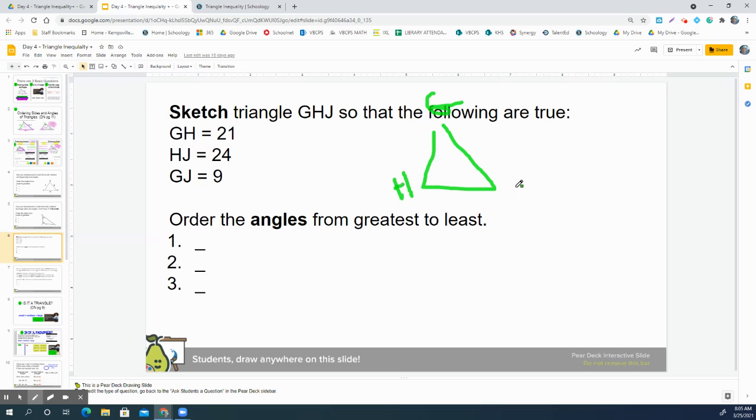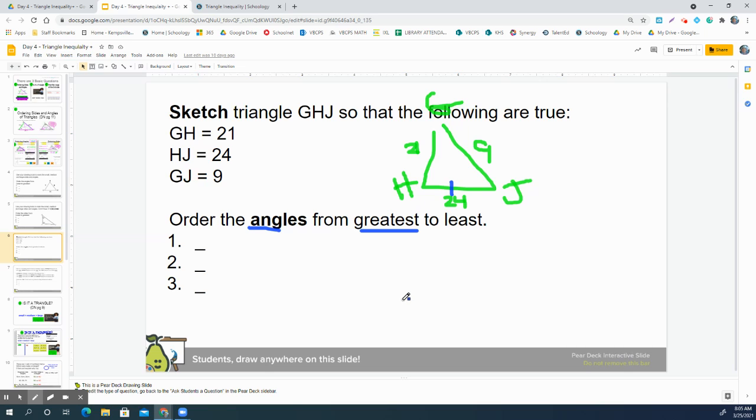G, H, and J. If GH is 21 and HJ is 24 and GJ is 9, and I want to order the angles from greatest to least, what's my greatest angle? 24 is my biggest side.